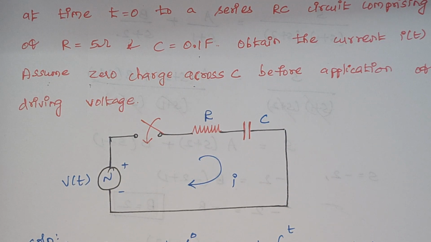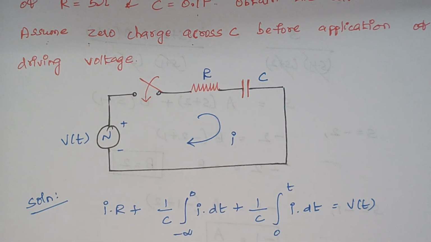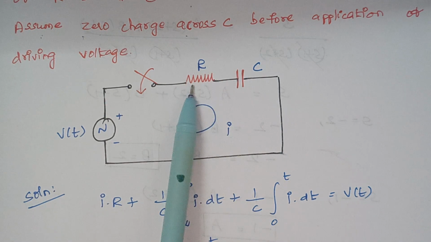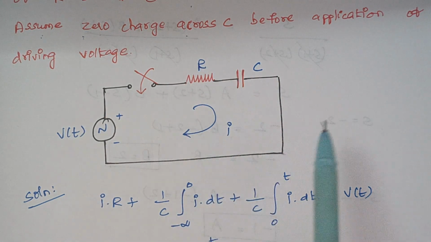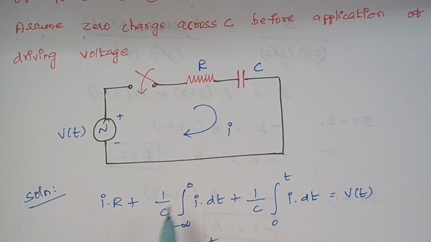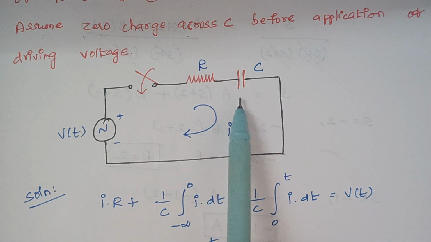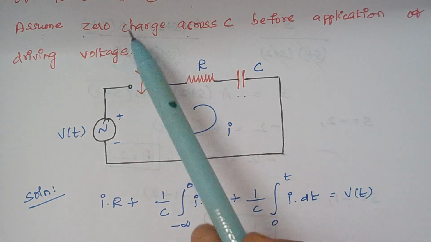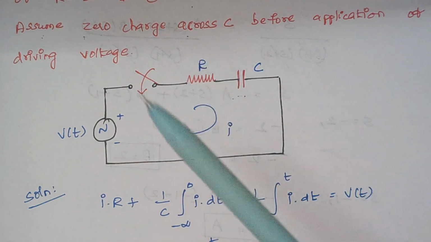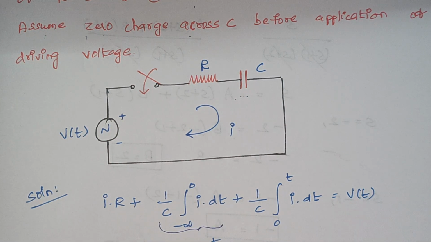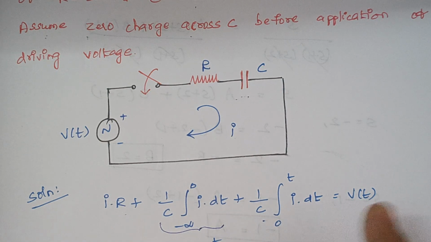As usual, the first step is we have to apply KVL. When you apply KVL, this will be our expression: voltage drop across resistor plus voltage drop across capacitor is equal to the supply voltage. So here i into R plus 1 by C. Since we are having capacitors, and also to make it clear, if there is zero charge across the capacitor, you can skip this expression if you are clear with this. You can directly write this expression alone.